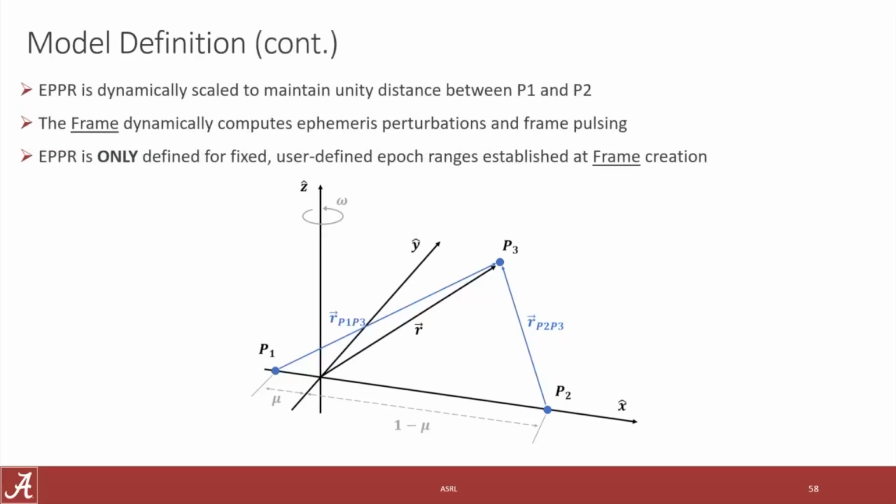One other useful aspect of this is since it's handling the change in scale on the back side and it's got the same basis vectors, you can formulate an initial guess in the CR3BP, and your states from that initial guess don't need to be modified at all to drop them into this EPPR frame.